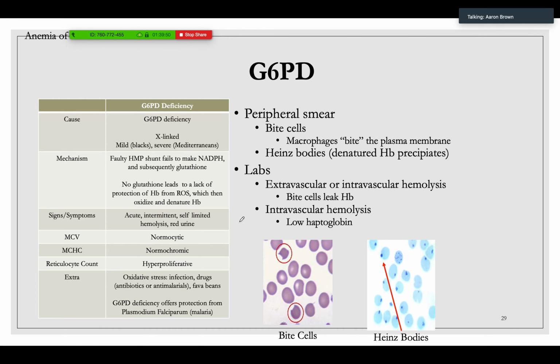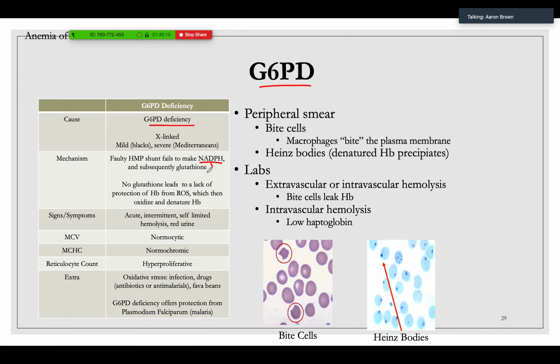One of the hemolytic anemias that we can see, destruction of red blood cells, is our G6PD deficiency. Classic one to talk about, right? In G6PD, we lack a certain enzyme. That means we can't make NADPH. Earlier, we talked about how important NADPH is to detoxify our hemoglobin.